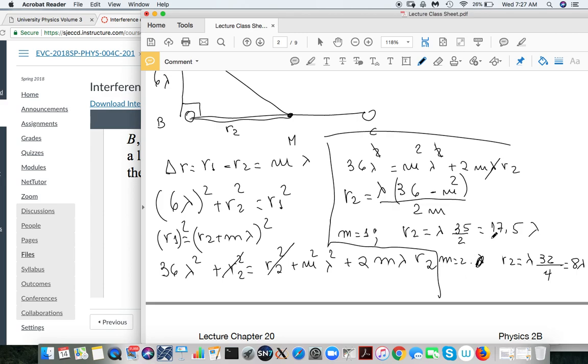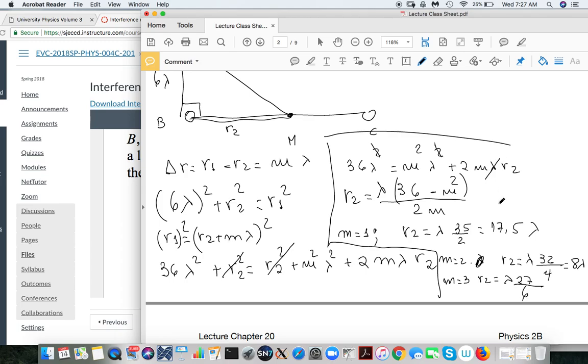Now for m equal 3, we have 36 minus 9. So we find R2 is equal to lambda times 27 divided by 6.